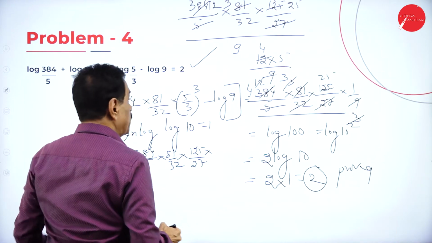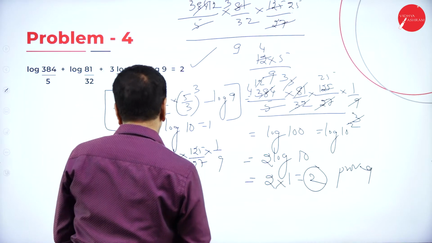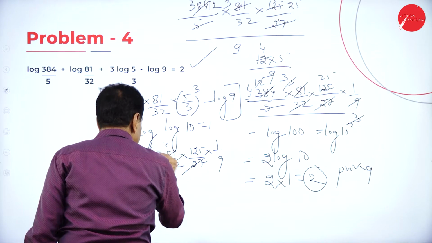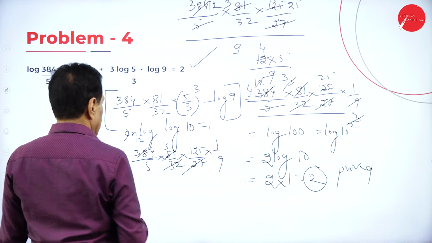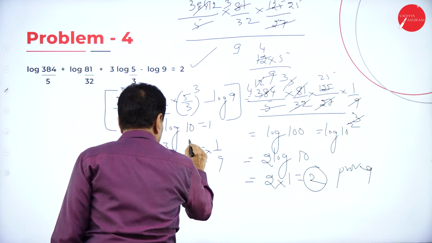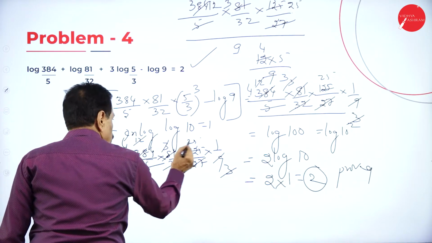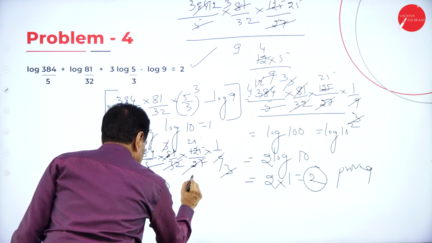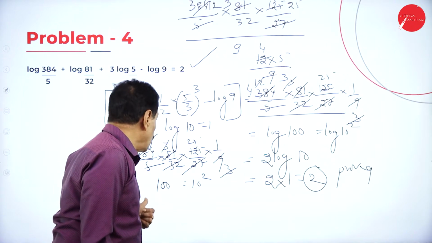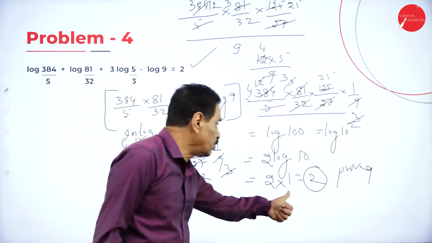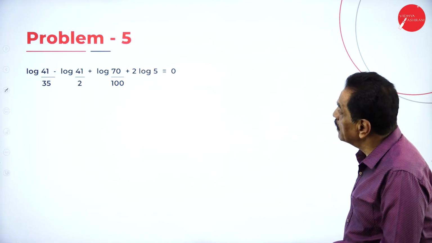So minus means division, 1 over 9. 1 over 9. 27 threes are 81, 32 twelves are 384, 5 twos are, 5 fives are, 3 threes are, 3 fours are. 25 into 4 is 100 is equal to 10 square. So log 10 square is 2 log 10. We know that log 10 is equal to 1. 2 into 1 is 2. We have proved. Then we move on to next one.